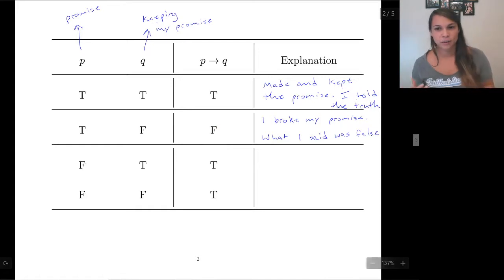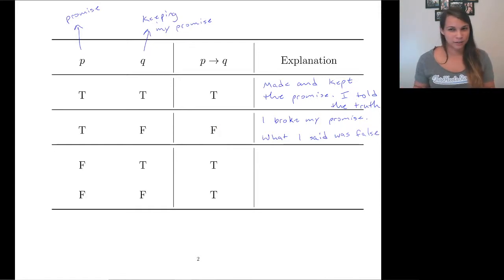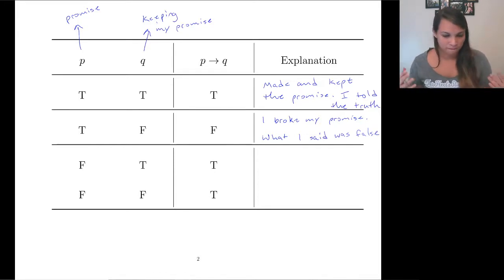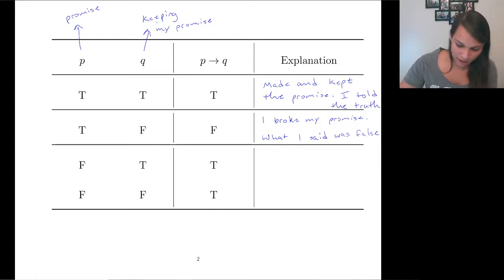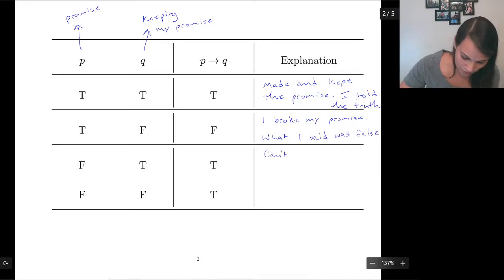Now these next two kind of get into a maybe that's not what I would have done. Basically think of it as I can't break a promise that I didn't make.